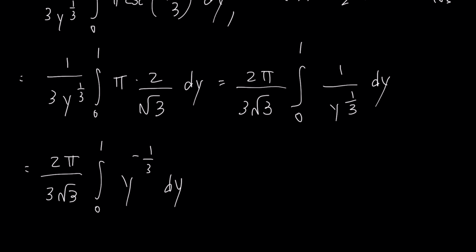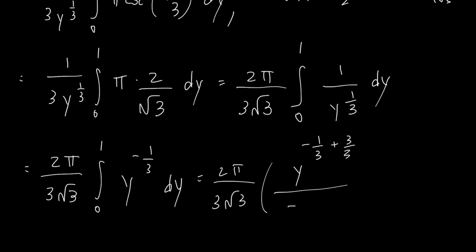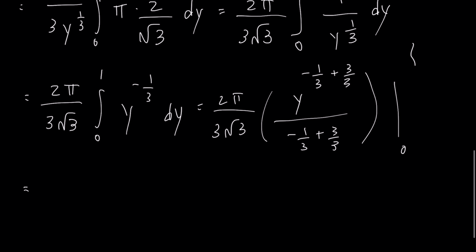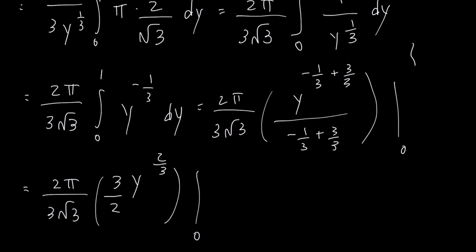We'll use the power rule. We have 2 pi over 3 times the square root of 3, y to the minus a third plus 1 over negative a third plus 1 from 0 to 1. So I have 2 pi over 3 times square root of 3, y to the 2/3 over 2/3, but that would be 3/2, from 0 to 1.